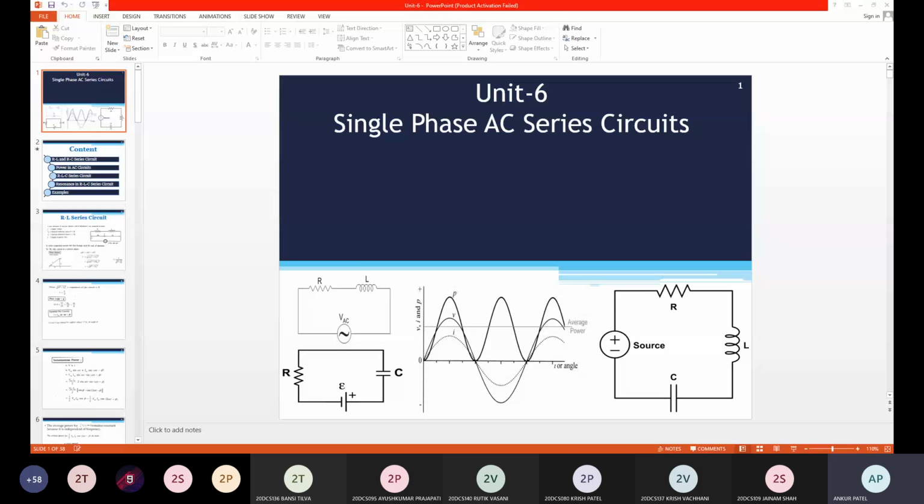You will get the same resonant frequency. For series and parallel resonance, FR equals 1 upon 2 pi root LC. But the change is that in a series circuit, voltage magnification occurs, whereas in parallel RLC, current magnification occurs. In a series circuit, current becomes maximum, whereas in parallel, you will have current minimum. This is the difference between series resonance and parallel resonance.